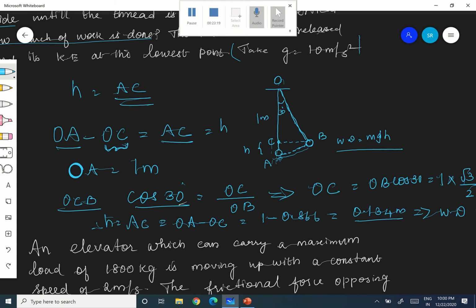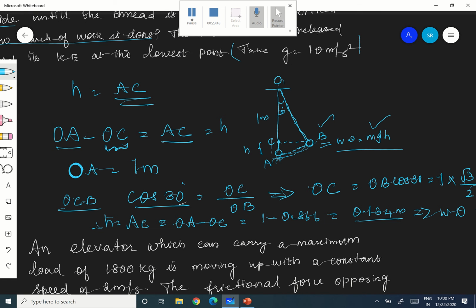When it is taken to B, it is raised to a certain height. But when it is coming back to A, its potential energy becomes 0, and all of it will be converted into kinetic energy. Because at B, it has a potential energy mgh equal to 0.268.